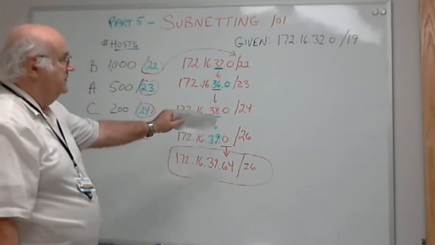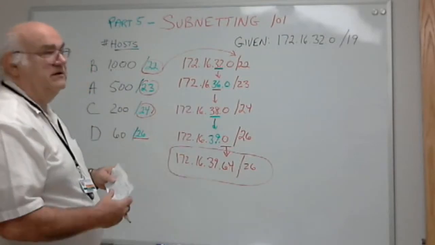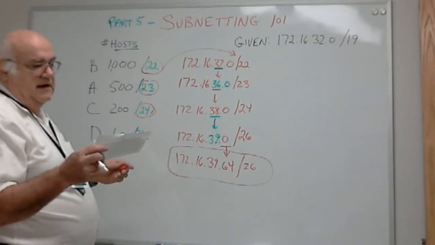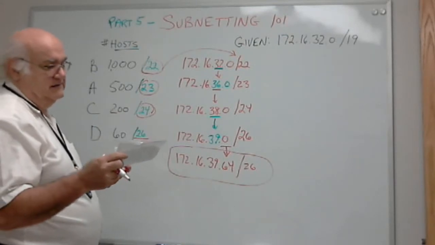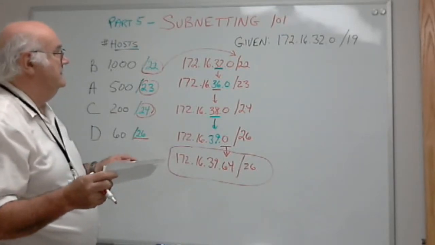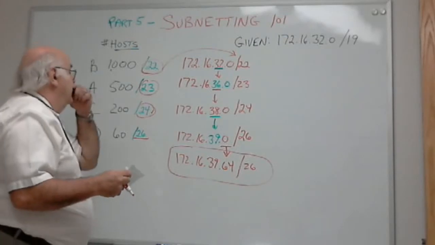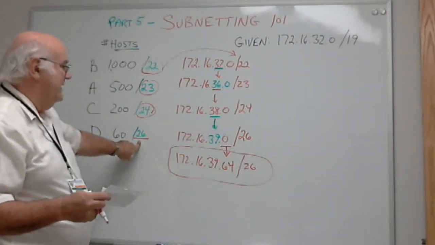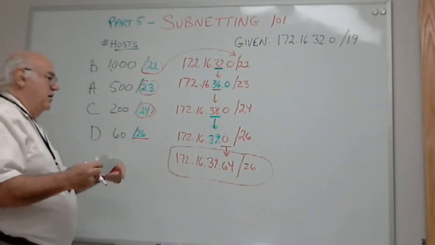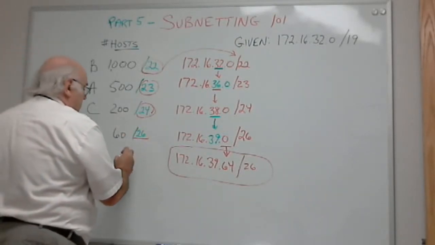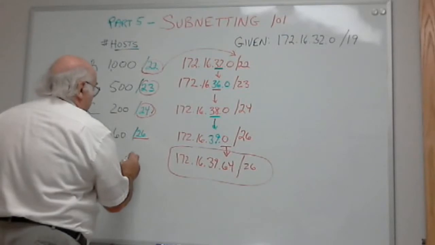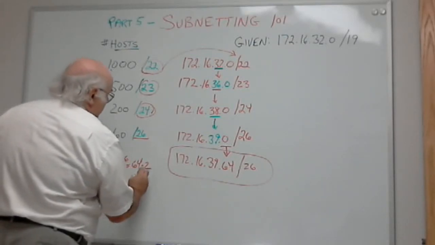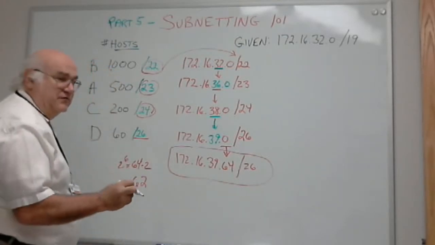Now, these prefixes are also going to tell you, well, not really. But you can see that here, if we're using 26 for the prefix, we're only using 6 for the host. 2 to the 6th power is 64, and we got to subtract 2, so that leaves us 62 possible addresses for the host.